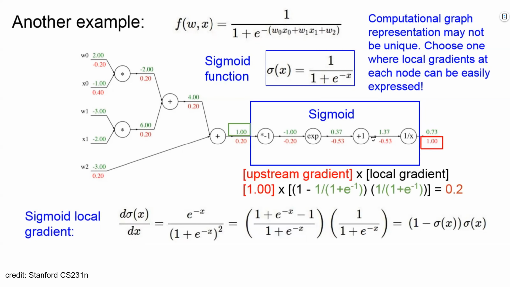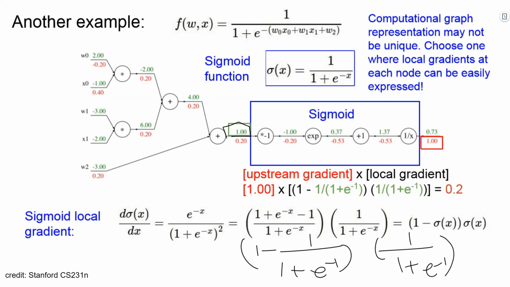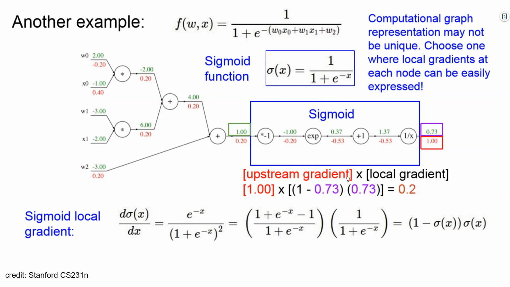What I mean by that is, because we are adding this 1, the local gradient can be 1 plus e to the power of minus 1 and 1. So we're going to subtract this value from 1 and times 1 plus e to the minus 1 over 1. And we already calculated this value. And it's going to be 0.73. Here, this is the resulting value.